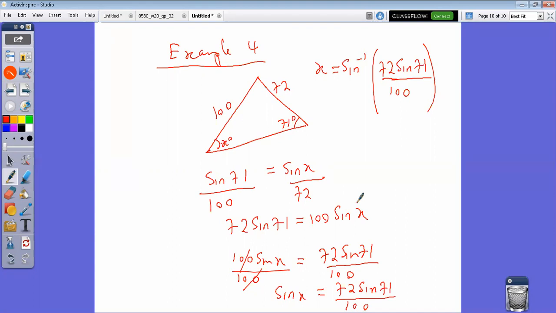Yeah, it works. 42.9. Is that all you're getting? Yes, sir. Round to 1 decimal place. Are we together, guys? Making sense. That's good.